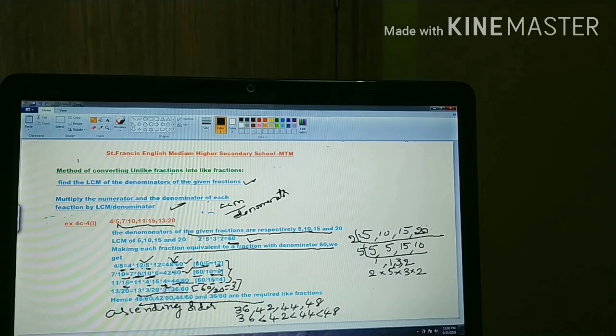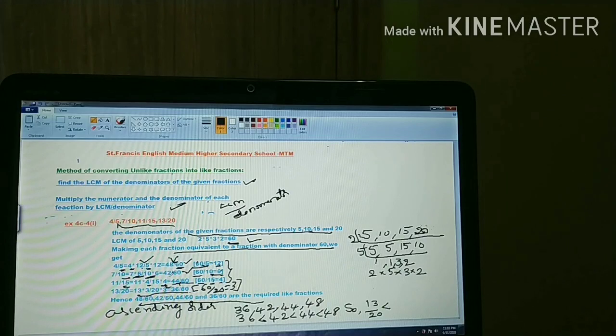After writing these numerators, mention all the fractions. For 36, which fraction has numerator 36? This one. So 13 by 20. Write down that fraction first. 13 by 20 is less than the next one. What is the next? 42. Where is 42? This one.